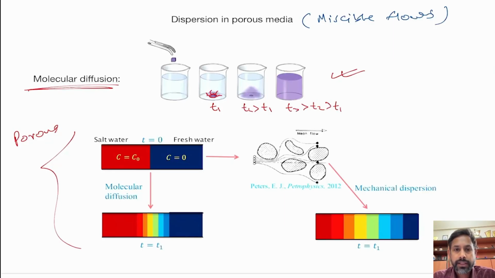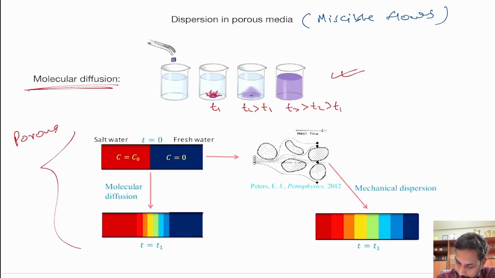The left side of the porous medium is filled with salt water, and the right side of the porous medium is just fresh water. So the left side has a concentration of C0, and the right side has a concentration equal to 0. And let's assume there was a barrier in the beginning.